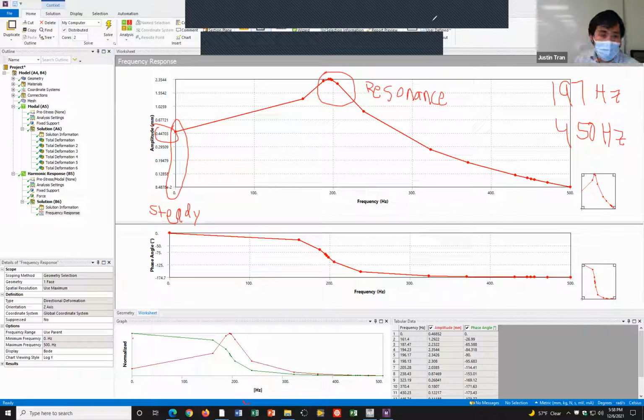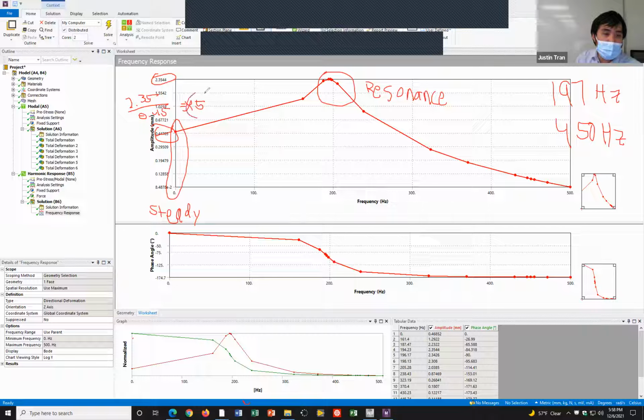If you compare the amount of deformation that we get at the peak compared to steady, you can see that the peak value here is about 2.35 millimeters. If we divide that 2.35 by the steady state one, which is 0.45, we get something around maybe 5, maybe a little bit over 5.